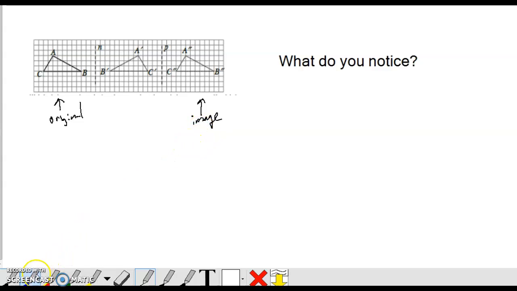One thing that should have come to your head is that it looks like it slid over, all the way over. If you want to, copy this image onto your patty paper and just slide it over if you have not already done so, and you'll notice that it fits perfectly right here. So really, this is your translation.